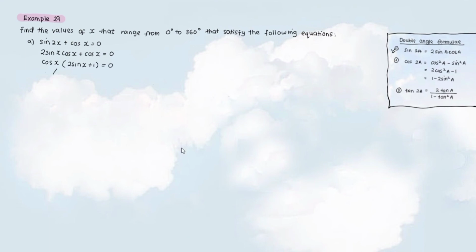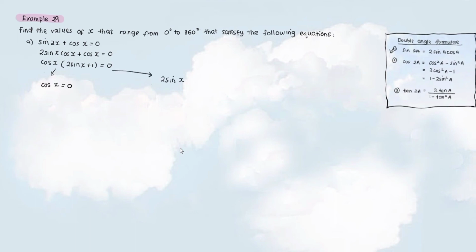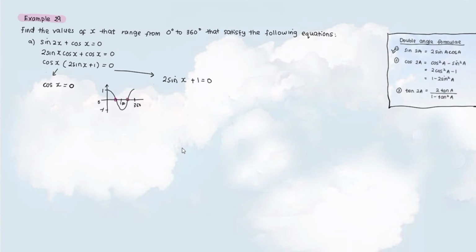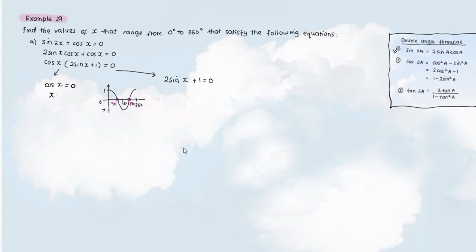Here we can factorize: cos x bracket 2 sin x plus 1 equal to 0. So cos x is equal to 0 and 2 sin x plus 1 is equal to 0. For cos x equal to 0, easy for us to see it by using the graph. So the angle is 90 degrees and 270 degrees.